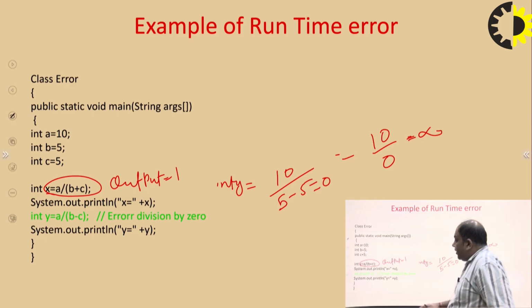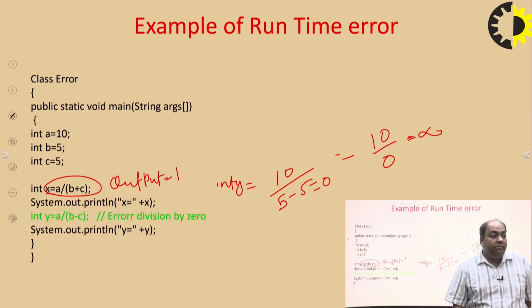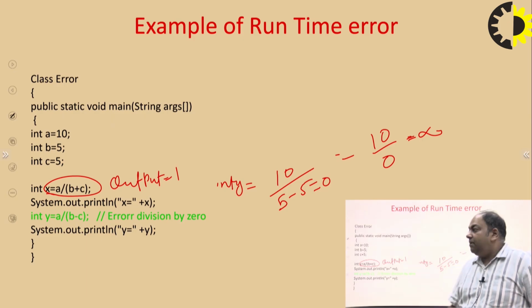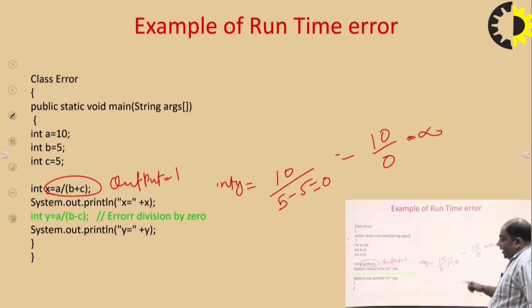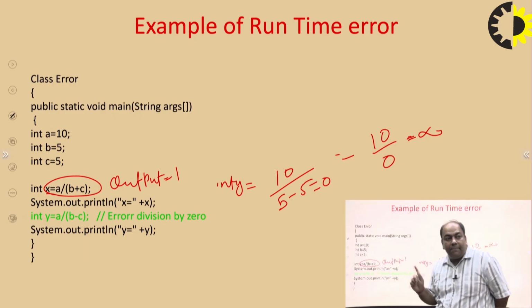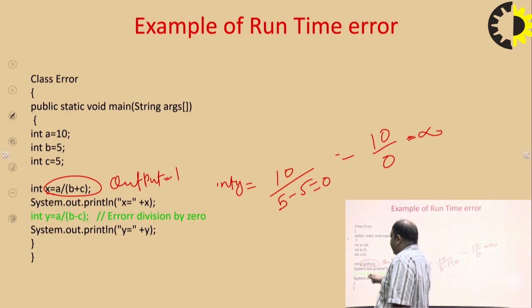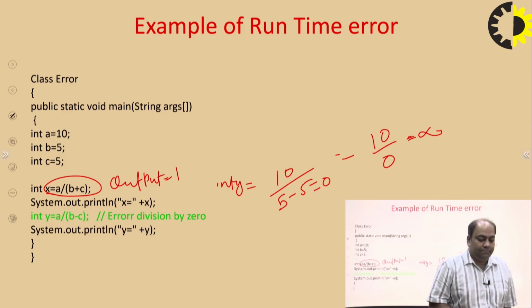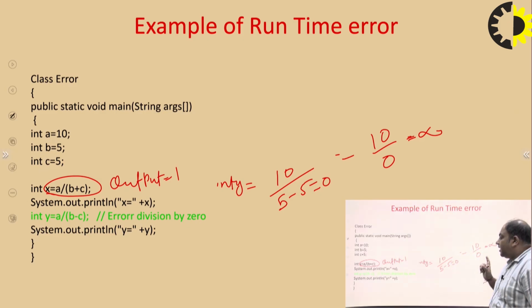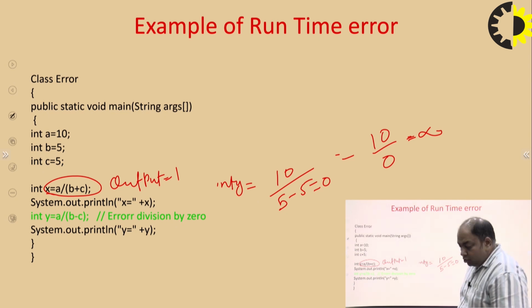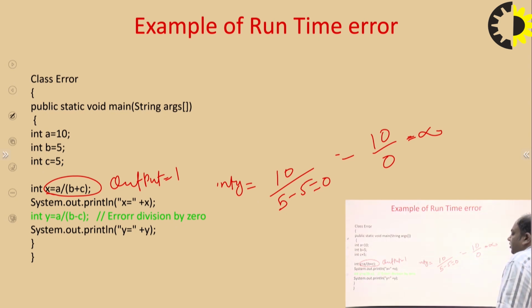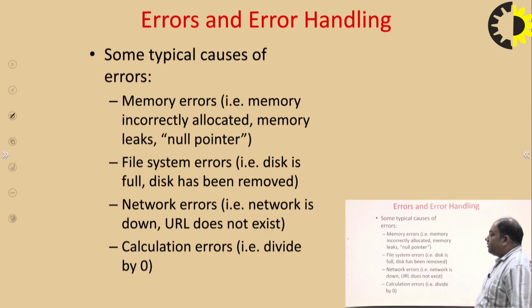So it will be identified as an error. Our syntax is correct, but at runtime it will not execute the program, because y = a / (b - c) is a number divided by 0, which is not possible.